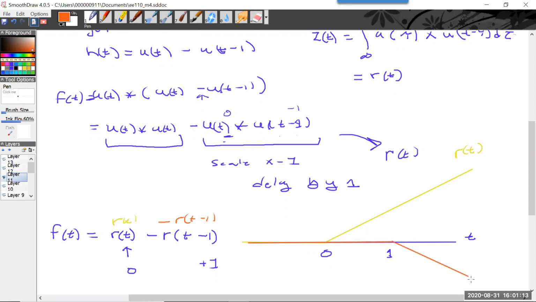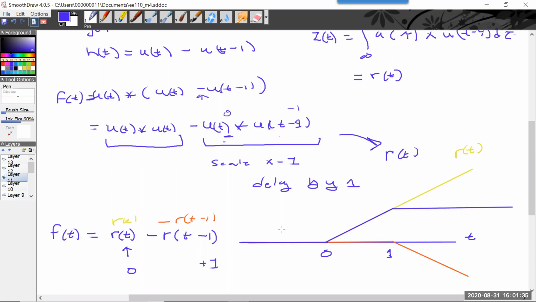And we get the summation of that. 0 plus 0 is still 0, then we're going up by 1, and then at 1 these two slopes cancel out.